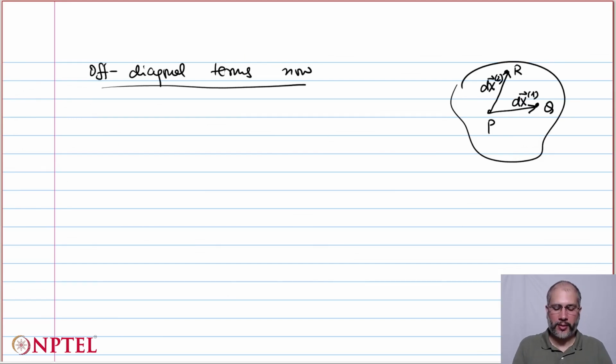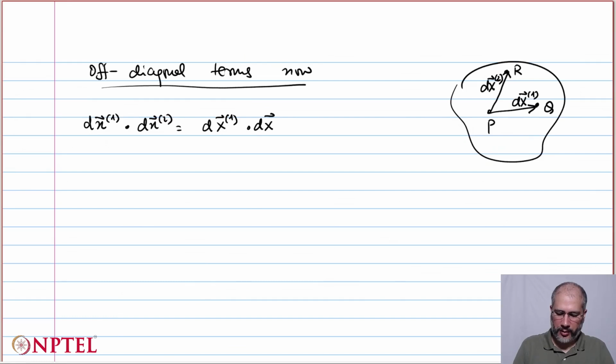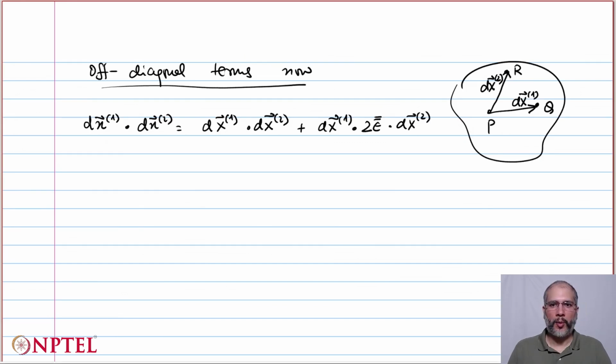Again, if you recall from the last lecture, we had defined d small x1 dotted with d small x2 as d capital X1 dotted with d capital X2 plus d capital X1 dot twice epsilon now dotted with d capital X2.